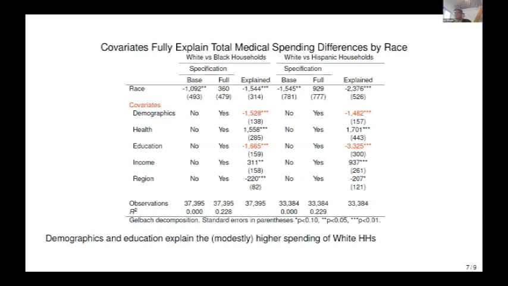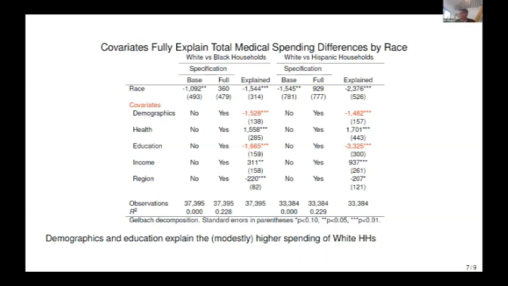Again, the same objects that drive differences in total medical spending between whites and blacks also drive these differences in medical spending between Hispanics and whites. The only other thing I'll note is that health tends to be worse for both blacks and Hispanics.